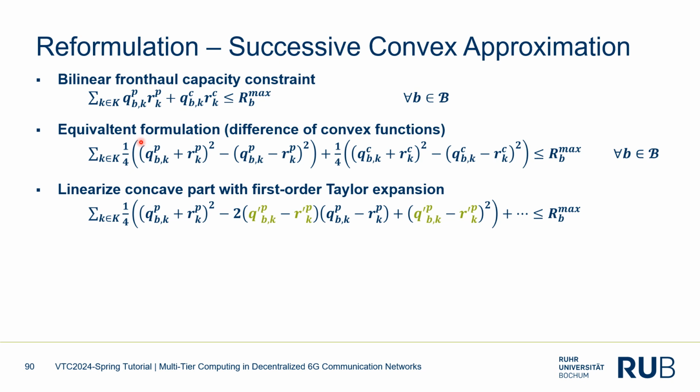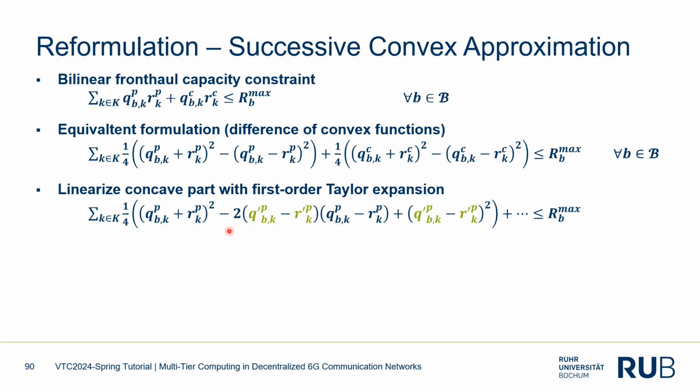What to do now is, we have the minus convex, which is concave. So we have 2 concave parts in here, which need to be further reformulated, and we linearize them by using the first order Taylor expansion of these concave functions. You can find the math in the respective paper, our JSAC paper.